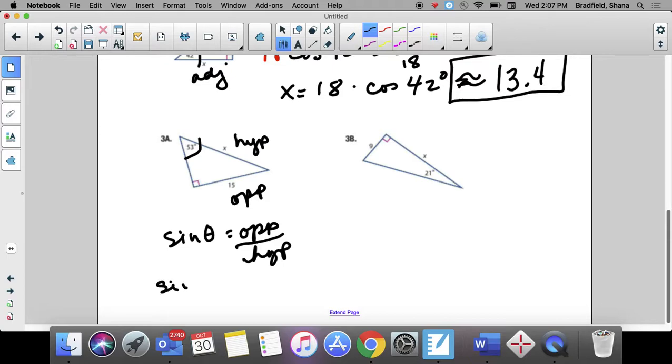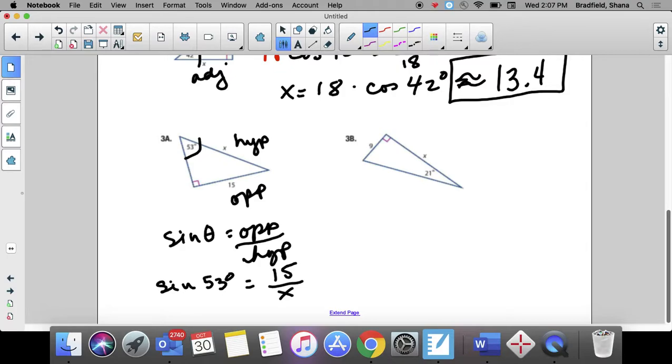And substitute. So sine of 53 degrees equals 15 over x. So this one is a little bit trickier. It just takes a couple more steps.